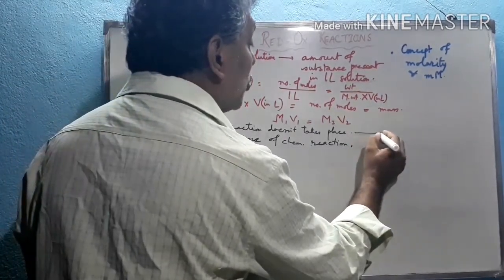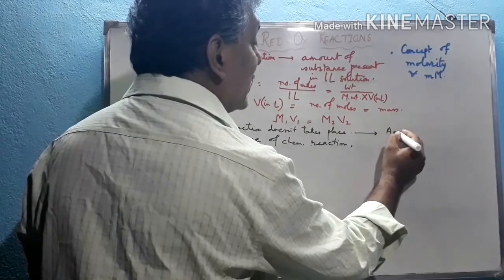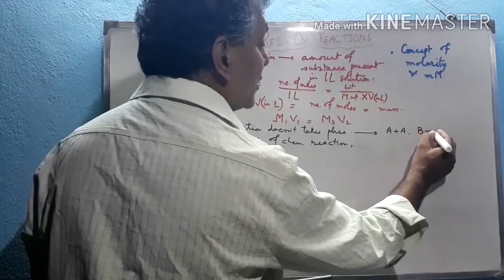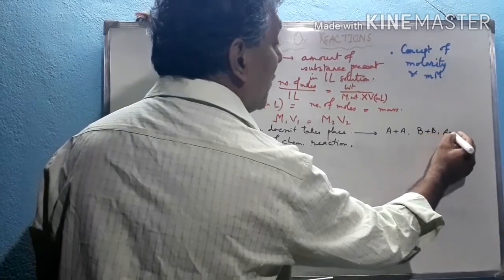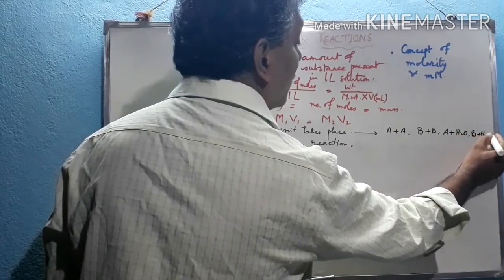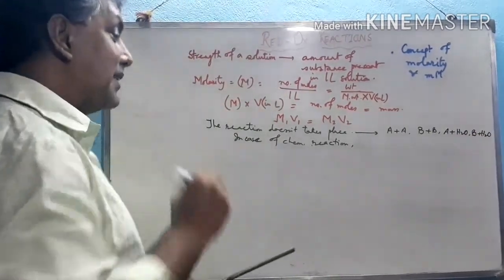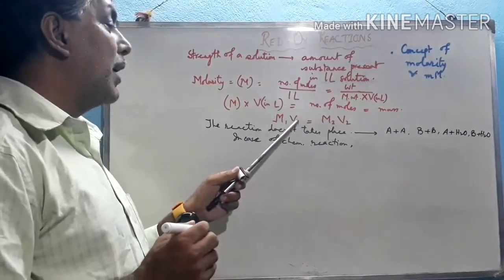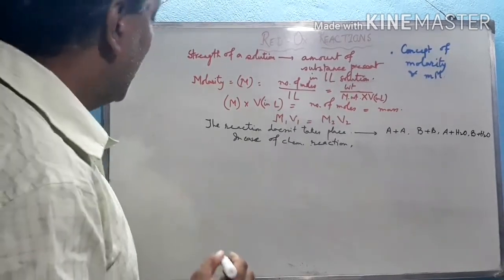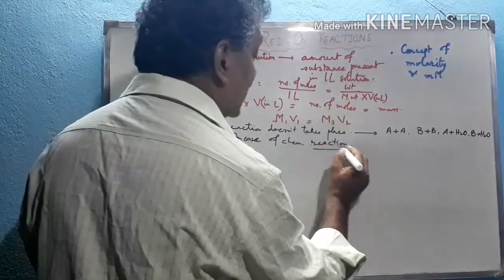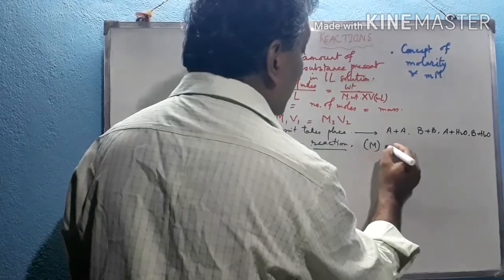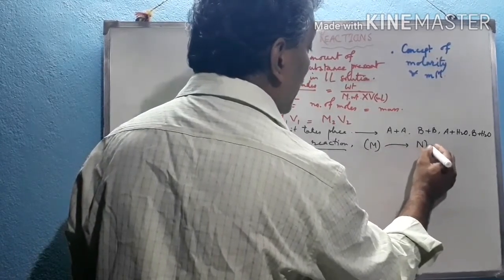When no such reaction takes place, for example an acid mixed with an acid, a base mixed with a base, an acid mixed with water, or a base diluted by water, in such cases we can use this equation: initial molarity into initial volume equals final molarity into final volume. But where a chemical reaction takes place, molarity must be transformed into the normality of the solution.